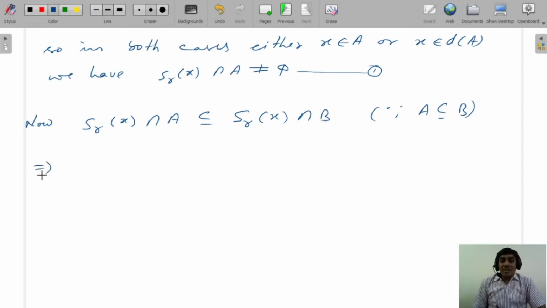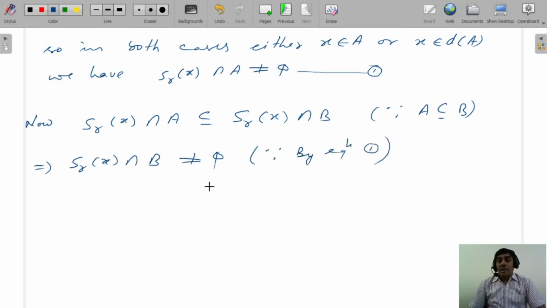This implies S(x, r) intersect B does not equal phi, because by equation 1, as S(x, r) intersect A does not equal phi, therefore their superset is also not equal to phi.